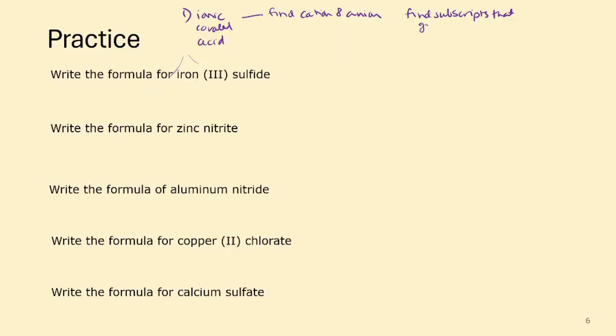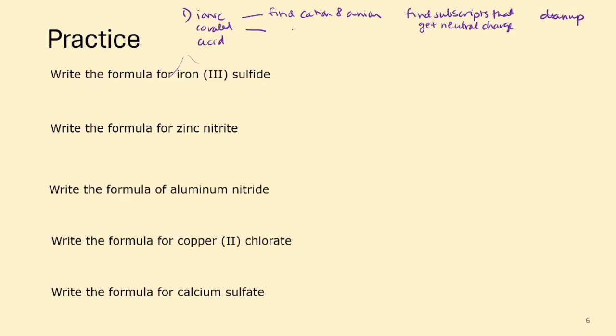And then I have to clean it up. Because normally I have to write the ion charges in temporarily. I may put subscripts of 1. All that needs to get cleaned up.